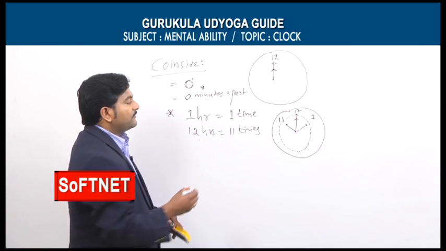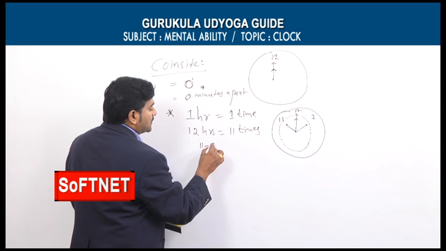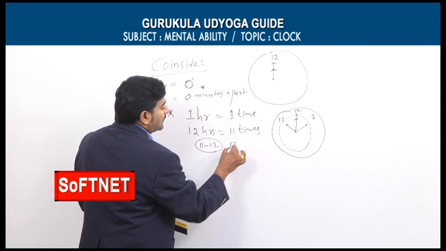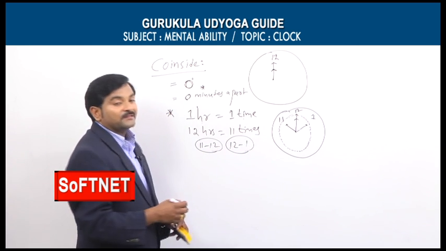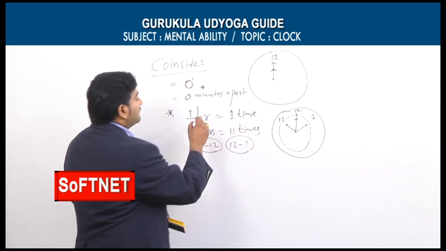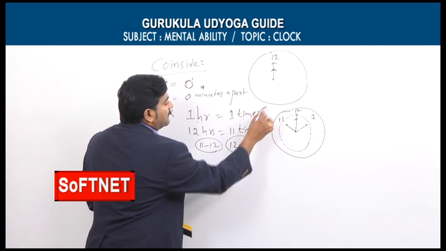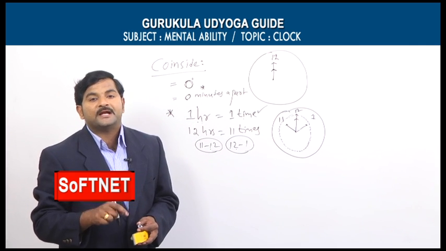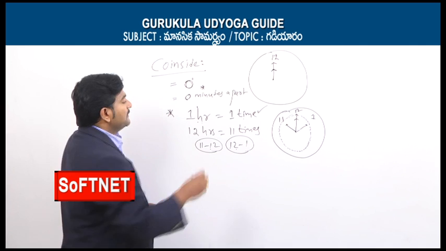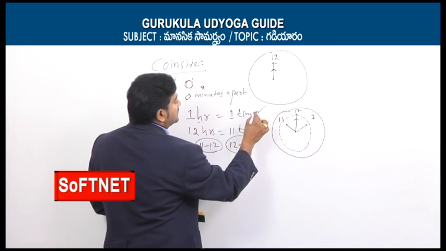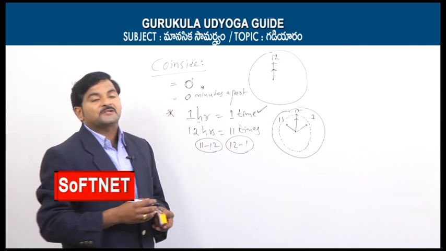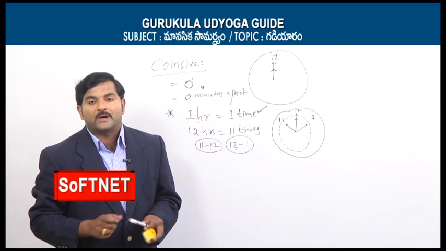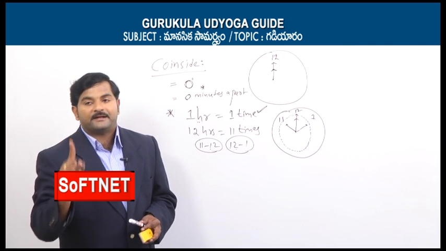That's why, for 11 o'clock to 12 o'clock and 12 o'clock to 1 o'clock, for these 2 hours it could be 2 times, but they coincide only one time. That's why for every 1 hour two hands coincide one time, but in the span of 12 hours, two hands coincide only 11 times.